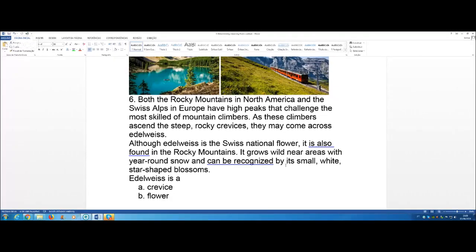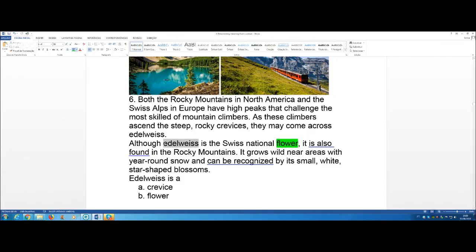No, not cheating, because it's my knowledge. Knowledge is not cheating. But where in the sentence can I connect it to flower? Edelweiss is a Swiss national flower. Got it. Yes, that's it. So it's a flower.